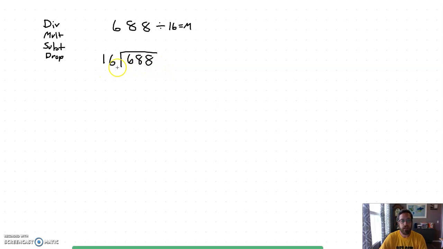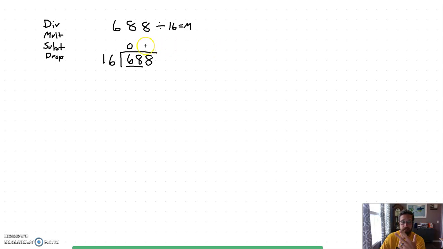Okay, so now we have, can 16 go into a 6? No, so I'm just going to put a 0 as a place filler here. So now I'm looking at 68. 68 divided by 16. How many 16s go into 68 without going over? I don't know this off the top of my head, so I'm going to think, well, 16 and 16 is 32, so that would be doubled. 32 and 32 is 64.